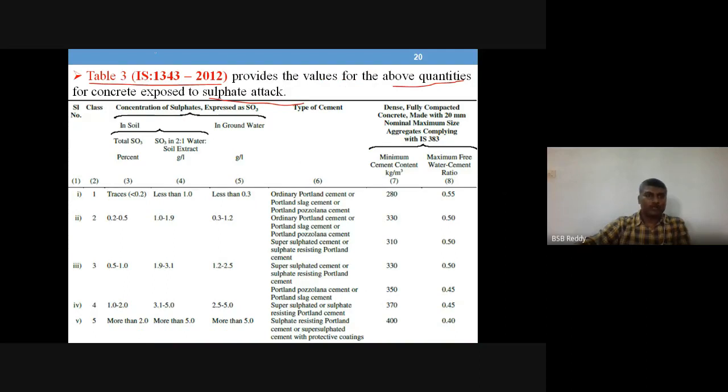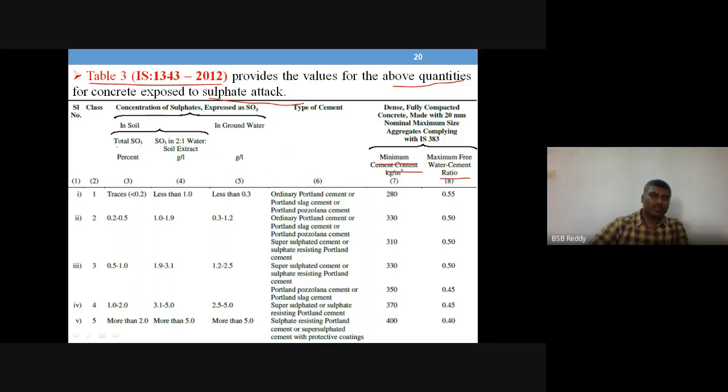So Table 3 of the IS code gives you values for sulfate attack, which is a very common chemical attack that you have to take care of for better durability. The minimum cement content and maximum water cement ratio are modified according to the sulfate attack, if you have it. So how is it measured?